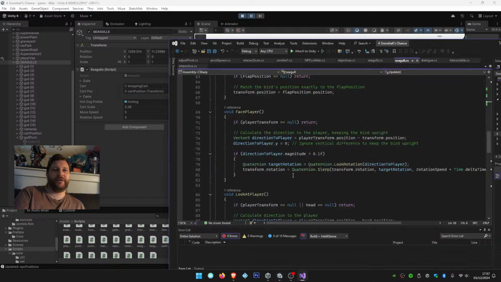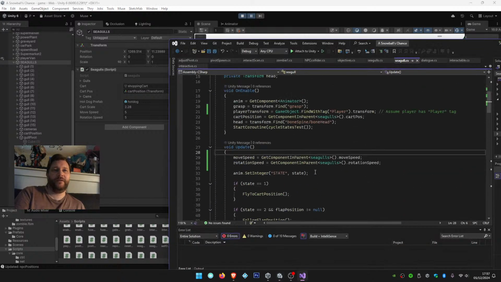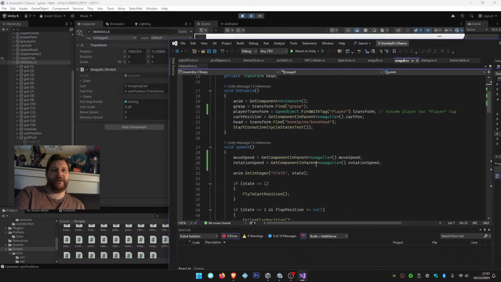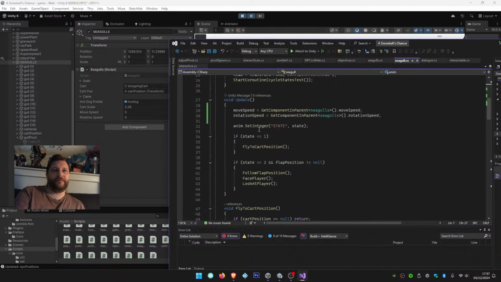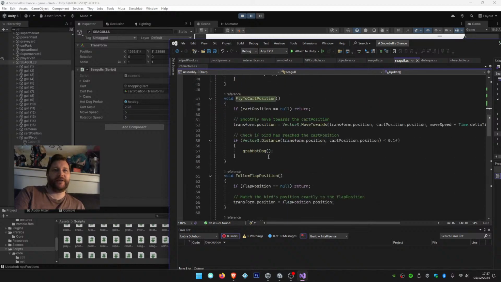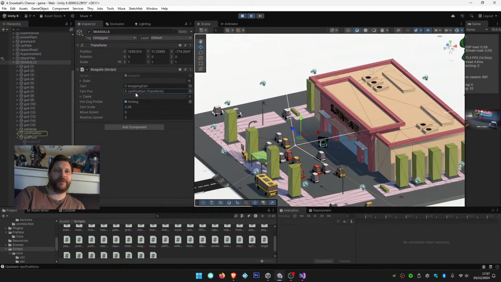Right, let's just take a look at that. So they have 4 states. Their first state is idle, which is state 0. State 1 is swoop, where if state 1, fly to cart position, they should follow this logic here, and the cart position is inherited from the Seagulls manager class, which tracks the cart position.